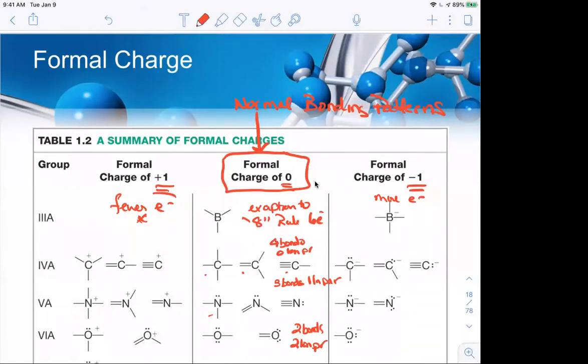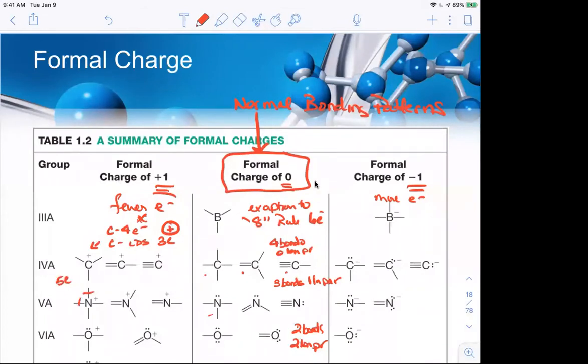So let's look at that here. That carbon is supposed to have 4 electrons. If I look at half the bonding from the LDS, I only have 3 electrons, so that is a positive charge. Nitrogen is supposed to have 5 electrons.